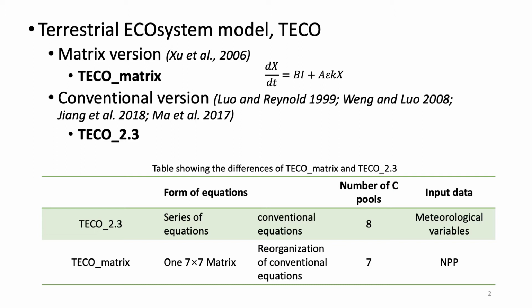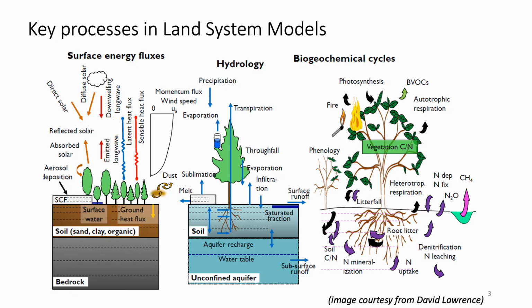However, the TECO matrix uses NPP as an input, which means the conventional TECO 2.3 has its own photosynthesis module built in. Also, at the same time, it covers all the key processes within the land system model, which include surface energy fluxes, hydrology, and biogeochemical cycles.